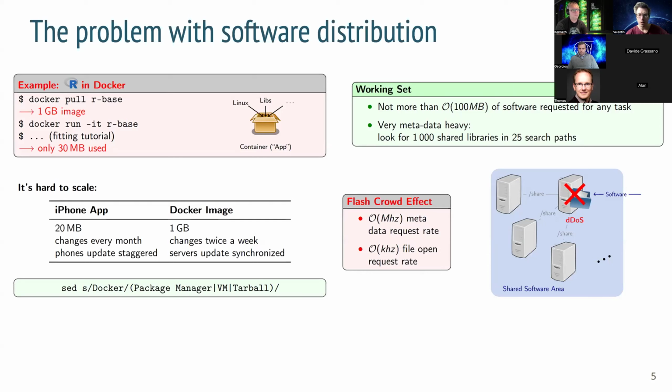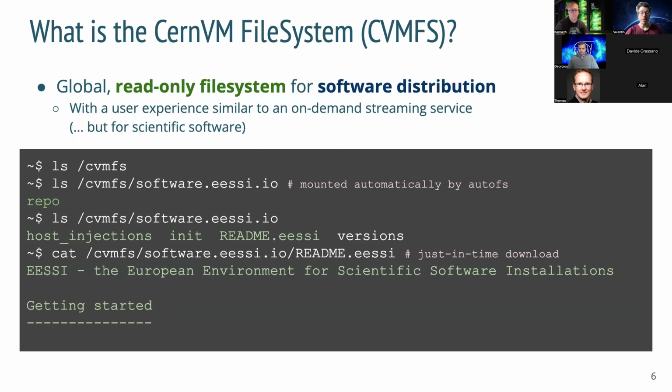And so one of the solutions that we came up with for this problem is the CernVM file system, CVMFS. What is the idea behind this? It is basically a global read-only file system for software distribution that has a user experience very similar to an on-demand streaming service, but for scientific software.